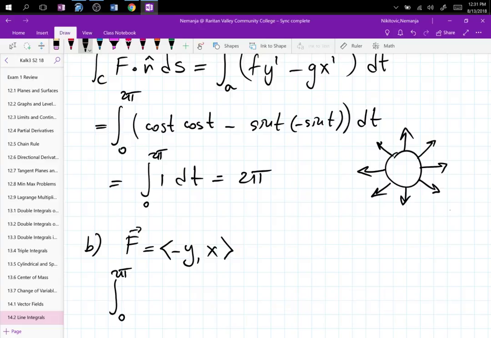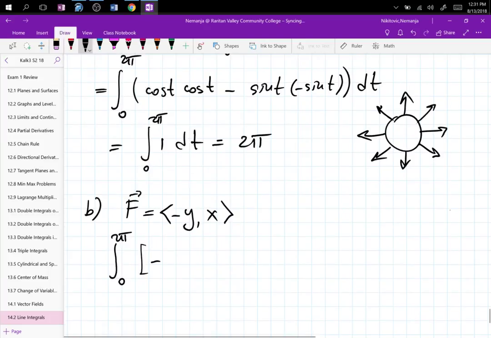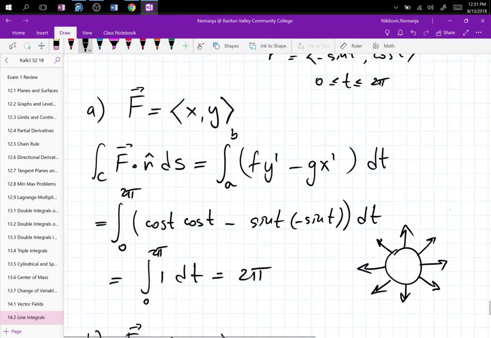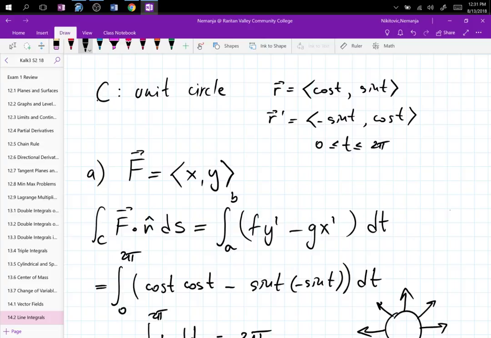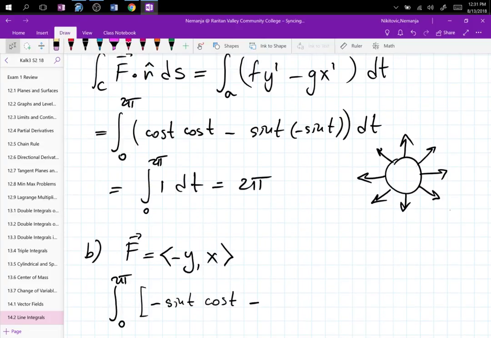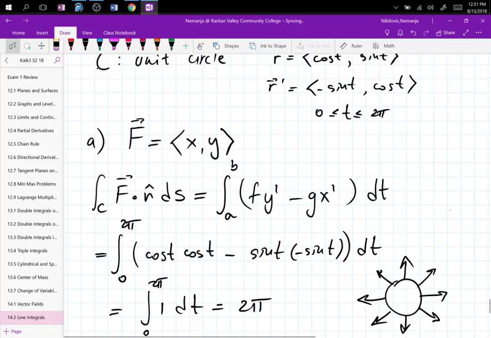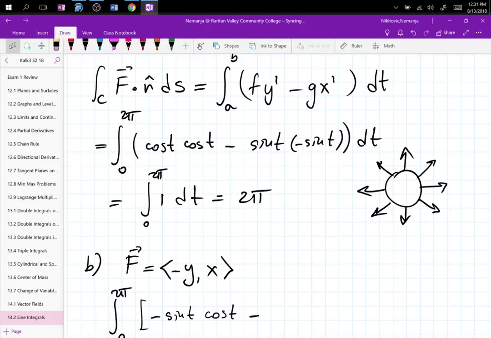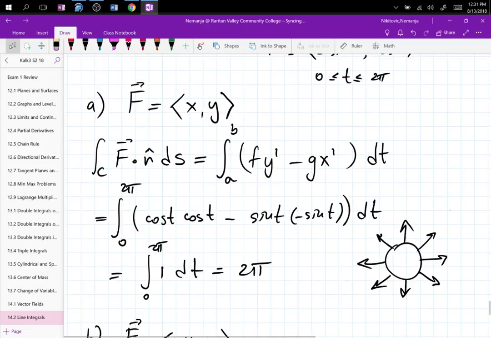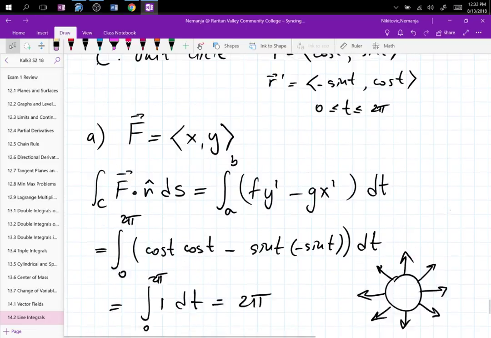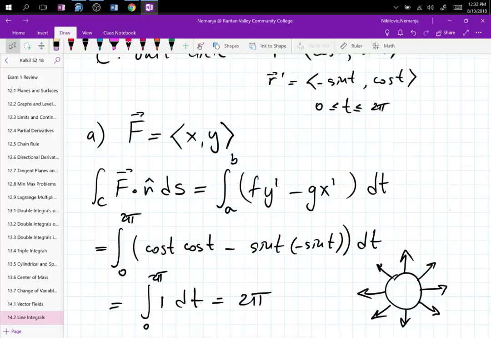Our f is negative y, so negative sine t, times x prime, cosine t, good.